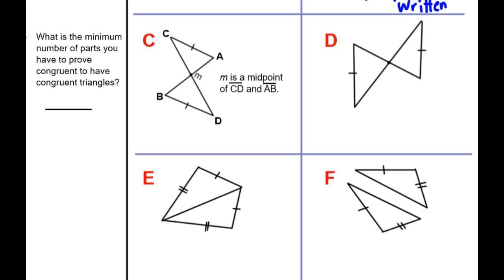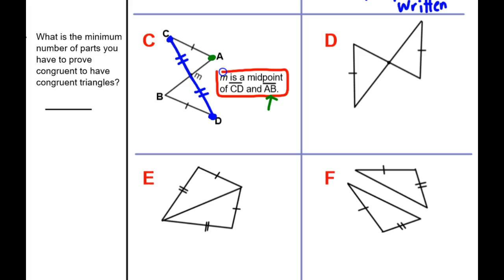Then look at question C. Now it actually says that M is the midpoint of CD and AB. So put your pencil on C, trace all the way to D, and I know M is the midpoint, so I know that I can put tick marks on those two parts. Then I'm going to look at the other part. It talks about AB.